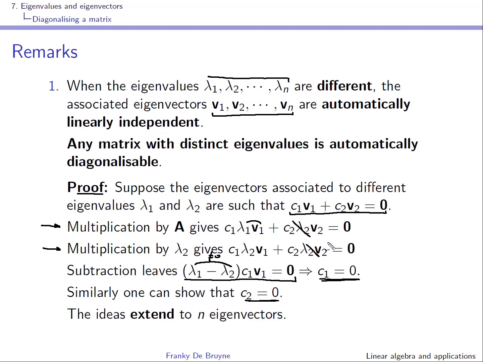Okay, so this means that the only linear combination of the eigenvectors to produce the 0 vector is the trivial combination, C1 equals 0 and C2 equals 0. So v1 and v2 are linearly independent. Okay, so we have proven it here for a 2 by 2 matrix, but the idea extends to n eigenvectors.